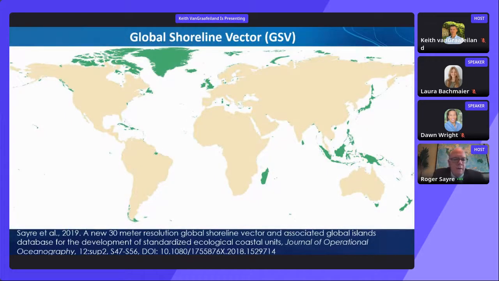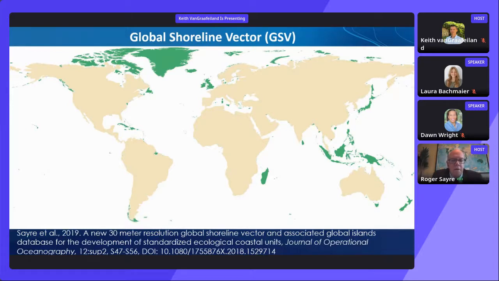Thank you, Keith. The 30 meter global shoreline vector is the spatial backbone and the source of line work for the global segmentation analysis. And here you can see the global shoreline vector really as a set of 5 continental mainland polygons in a tan color.